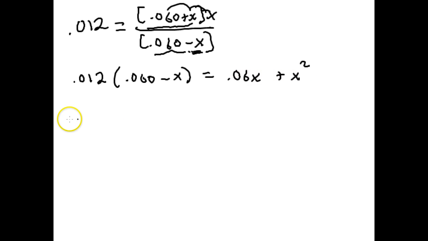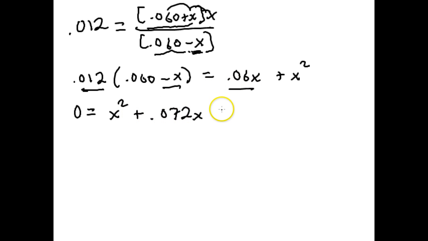So now this is an algebra problem. It's not chemistry anymore, so to speak. So 0 equals x squared, plus 0.072x, minus 0.00072. This times this is going to get added to this, and this times this is going to get subtracted on both sides.